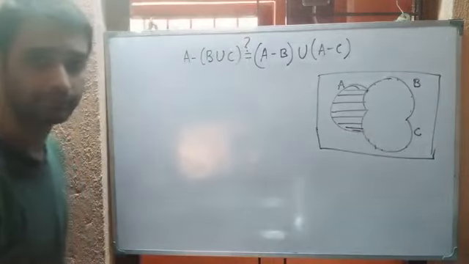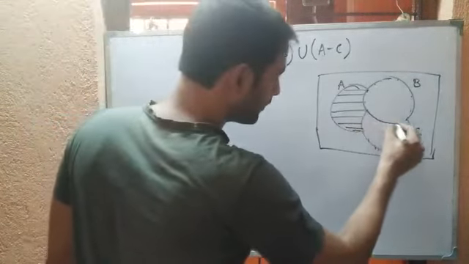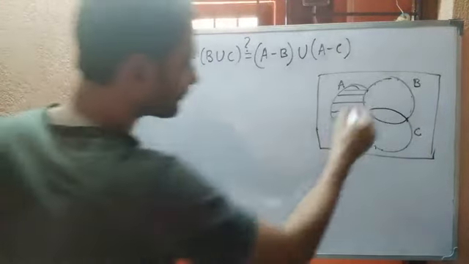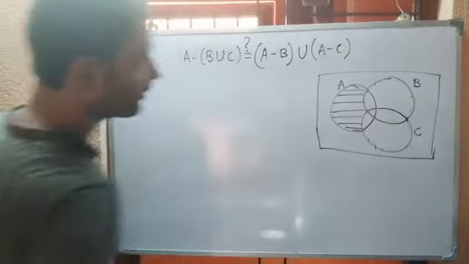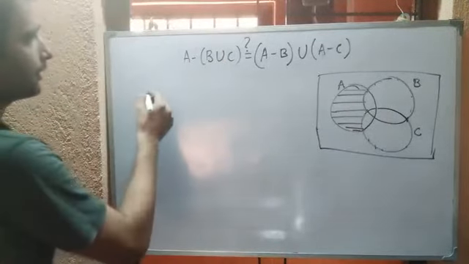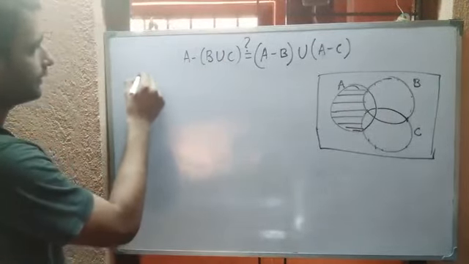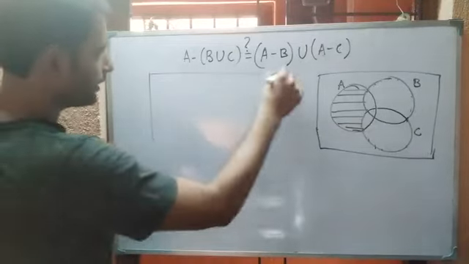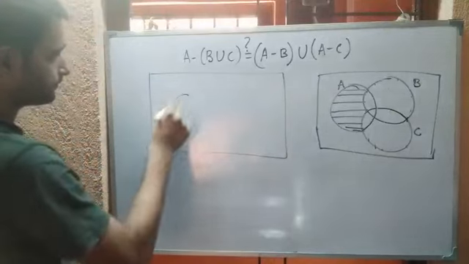it will look like this. If we completely draw the diagram, it will be like this. And also see, now the right hand side, A difference B union A difference C. So for that we draw the diagram like this.